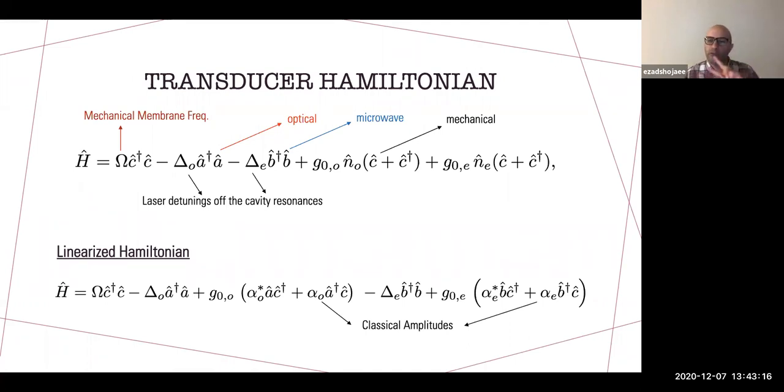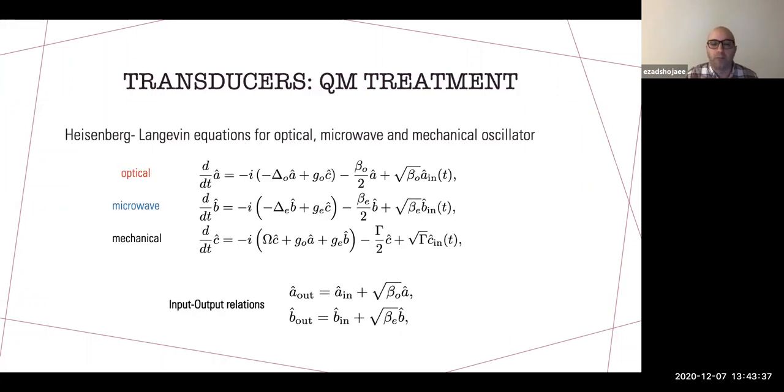And if you go in the red sideband regime, which is a technical term which we do not care about at the moment, and throw out some terms which are linear in the dynamics that we care about, you will end up with this simplified Hamiltonian. And again, as before, you would end up with these Heisenberg-Langevin equations of motion.